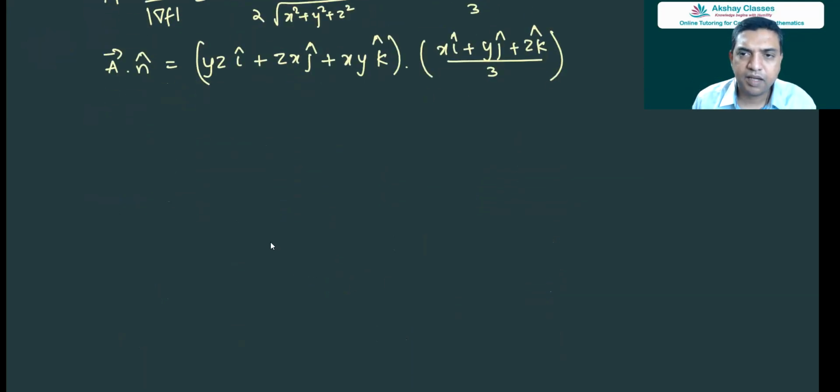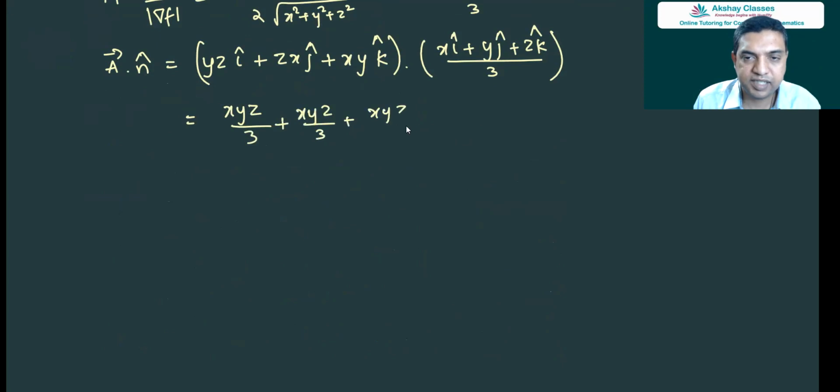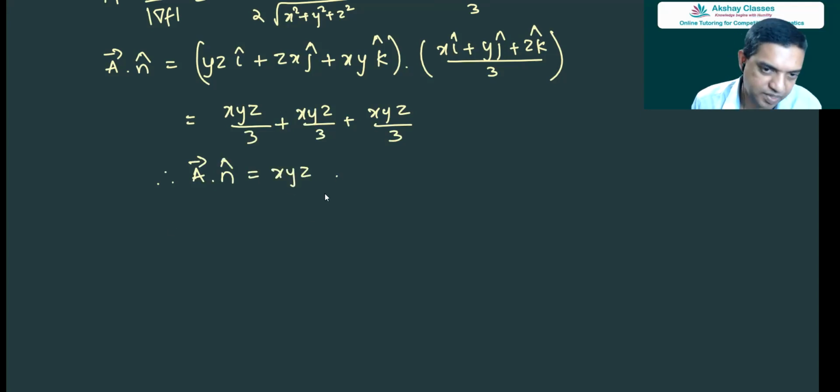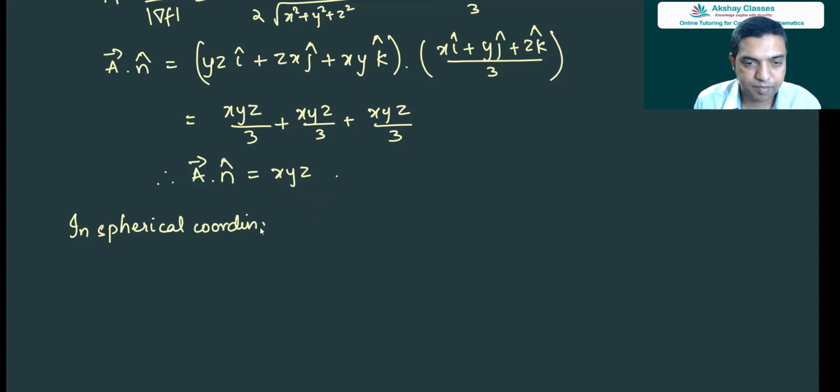So we get xyz upon 3 plus xyz upon 3 plus xyz upon 3. Therefore, A dot n cap is xyz. Now we have to find dS. So in spherical coordinates, dS is this one.